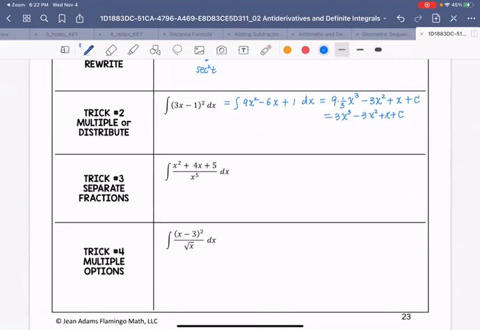Let's divide them individually, okay? How much is this one? Negative.